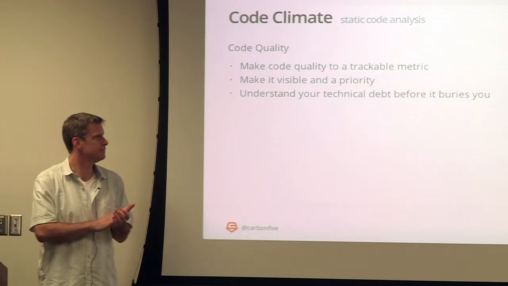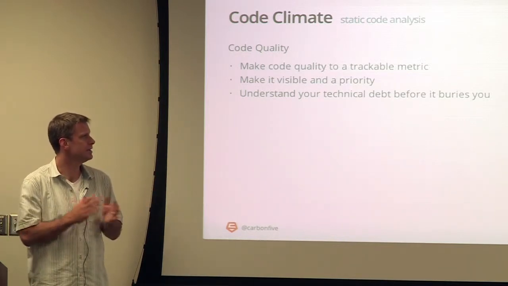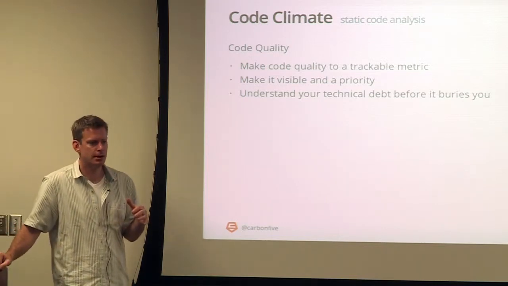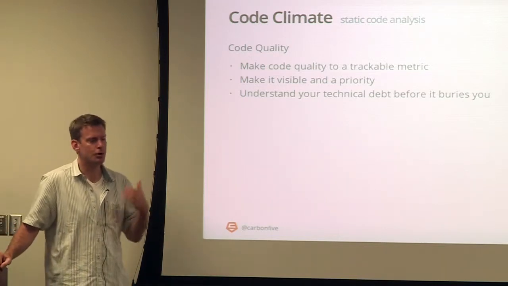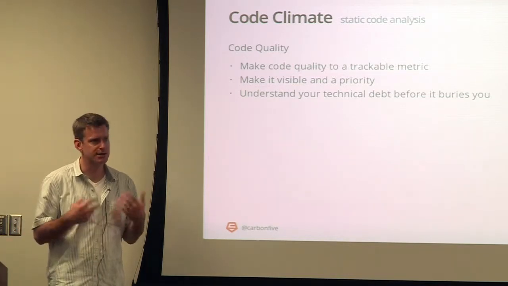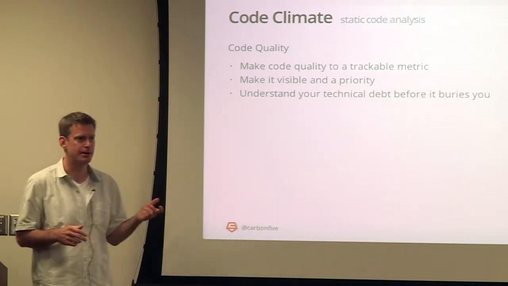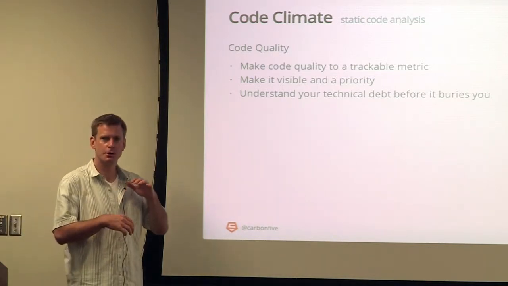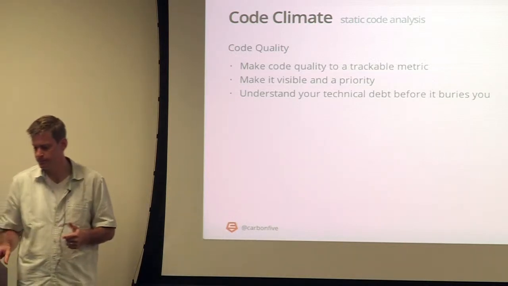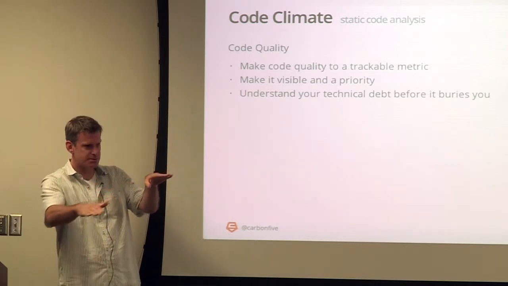This last bullet I 100% believe is true, that you need to understand your technical debt before it buries you. And again, the longer a code base lives, if you're not careful, the more technical debt you'll accumulate, like the more junk you'll accumulate in your garage if you don't clean it out, right? So constantly going back and making sure that you're keeping your code base clean will mean that your productivity stops going down.